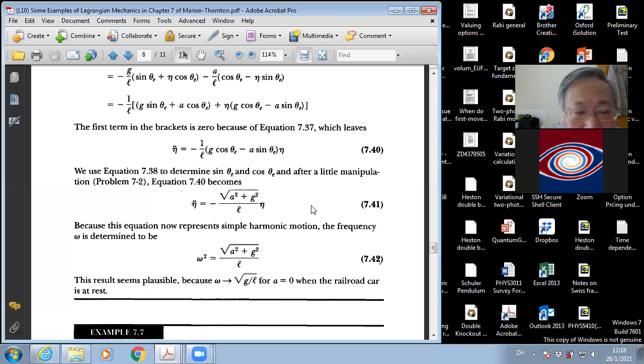And then we re-express these Cartesian coordinates in terms of some more fundamental generalized coordinates, so that some redundant Cartesian coordinates can be eliminated.